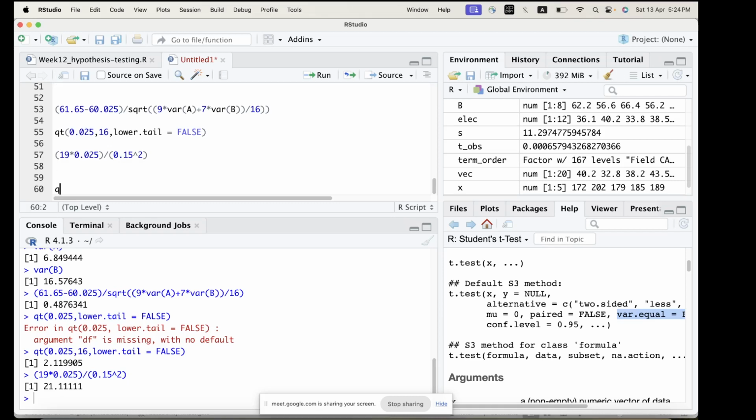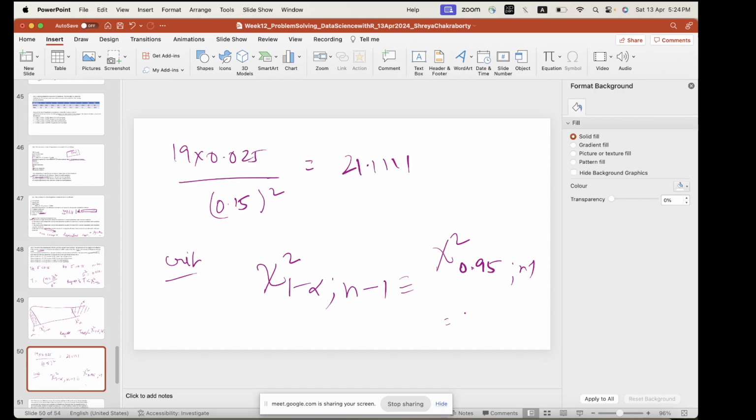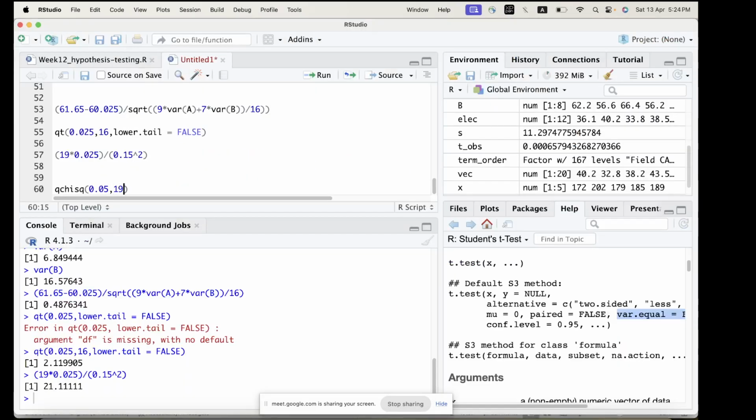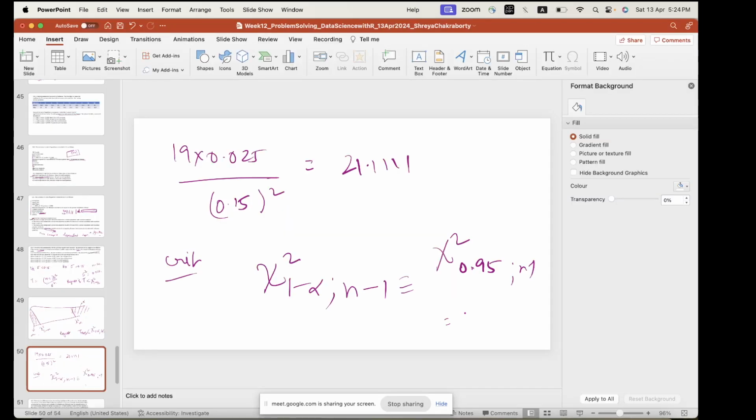It will be qchisq of 0.05, the area below which is 0.05, and n minus 1 should be 19. So this is 10.11. So what do we do? Here we see t observed is not less than or equal to t critical, hence we do not reject H naught.